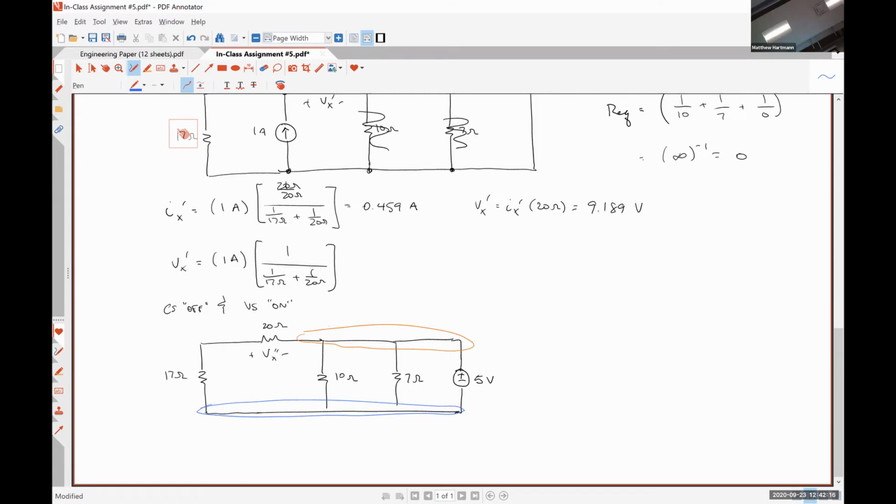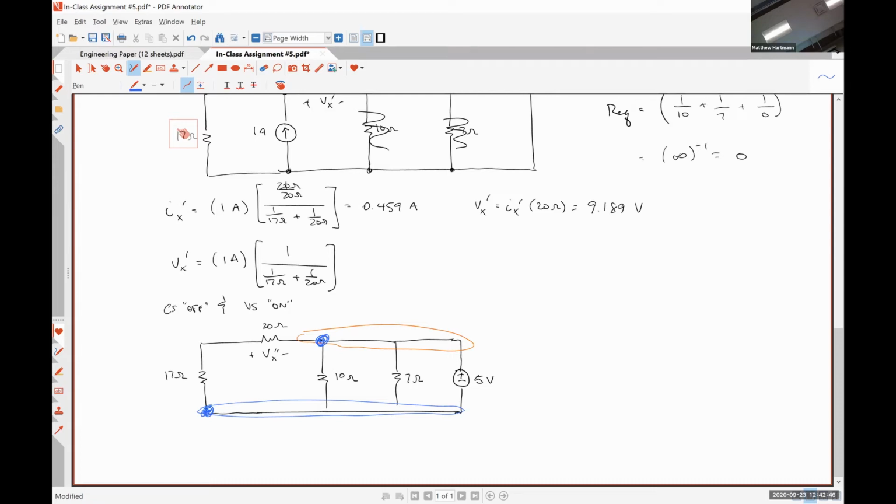What is the electric potential difference, or the voltage drop, between the reddish orange node and the blue node? 5 volts, because there's a 5-volt source. So that means there's a 5-volt difference between this point in the circuit and this point in the circuit. So do we know the voltage drop over that series combination of resistors?